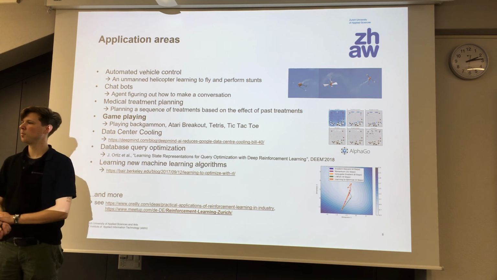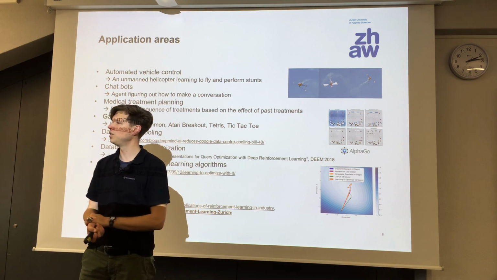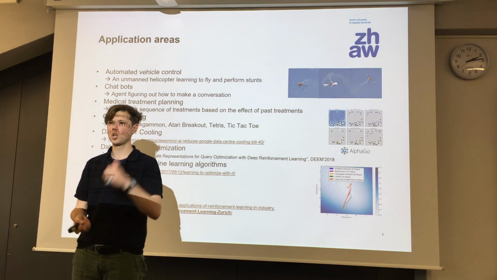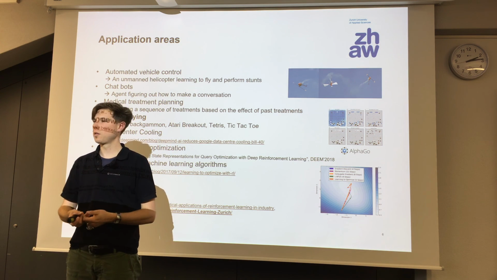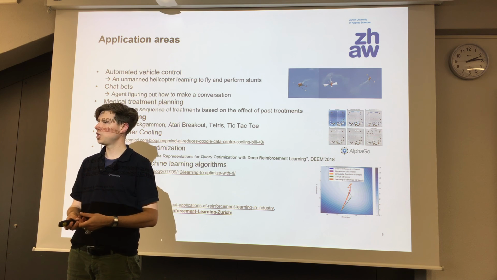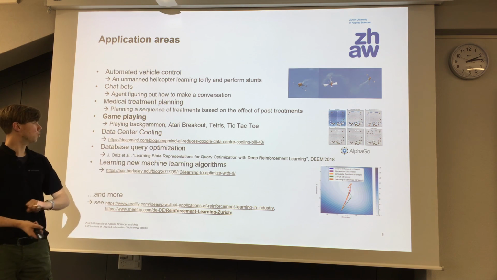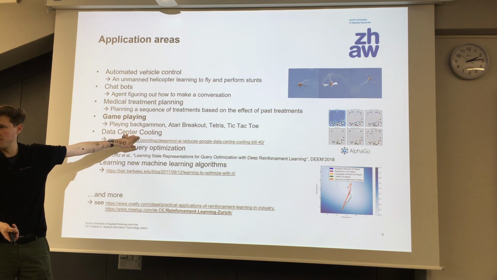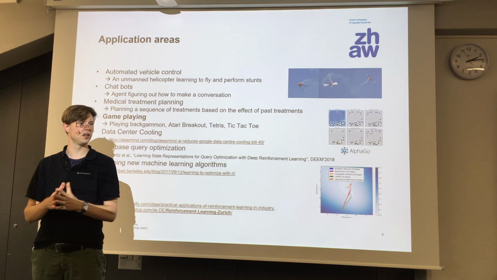Gameplay, this is what we're talking about today. Lots of the great examples of recent years have been in gameplay. Not just games like chess or Go, but also capture the flag with a Quake 3 engine and things like that. Data center cooling: this is actually what Google did with the research that was done in the AlphaGo case.